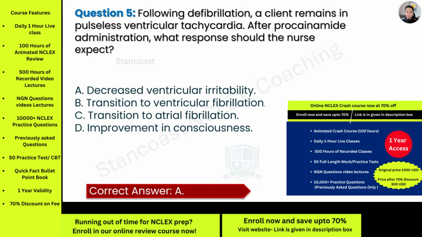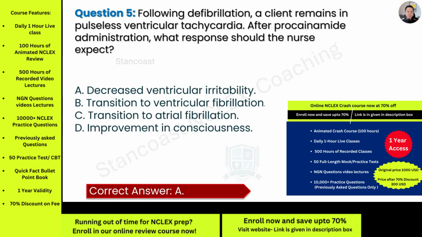Take note that procainamide is an antidysrhythmic medication that will reduce abnormal electrical activity in the ventricles. It will stabilize the rhythm and will also enhance the likelihood of effective defibrillation. So let's take a little review about the procainamide.